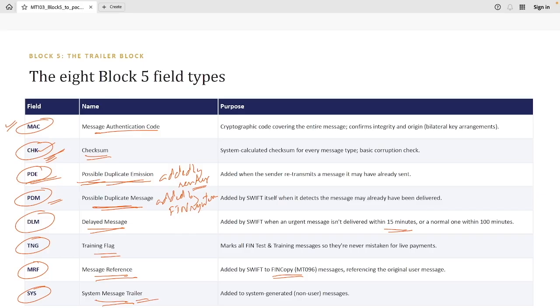So the SYS trailer helps carry system level reference information for such processing. So as we have gone through all these fields, their purposes are important, but their purposes are technical. None of these trailer fields describe the commercial instruction to transfer money from a debtor to a creditor.